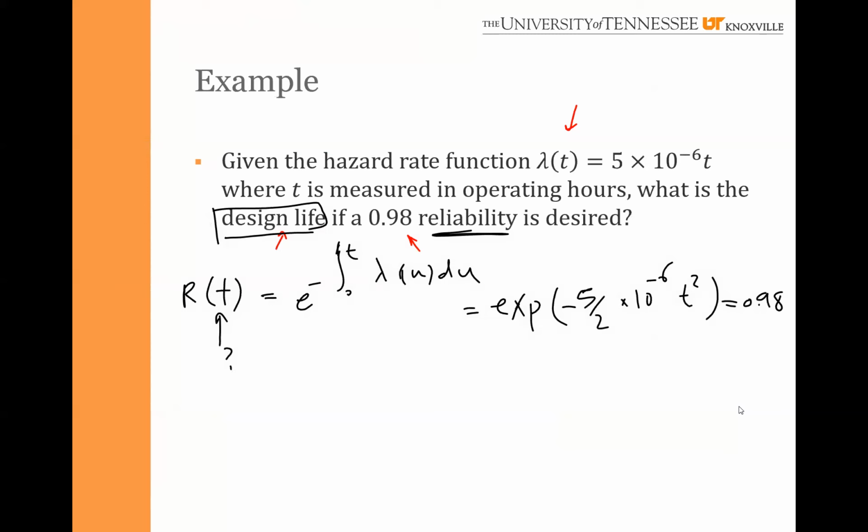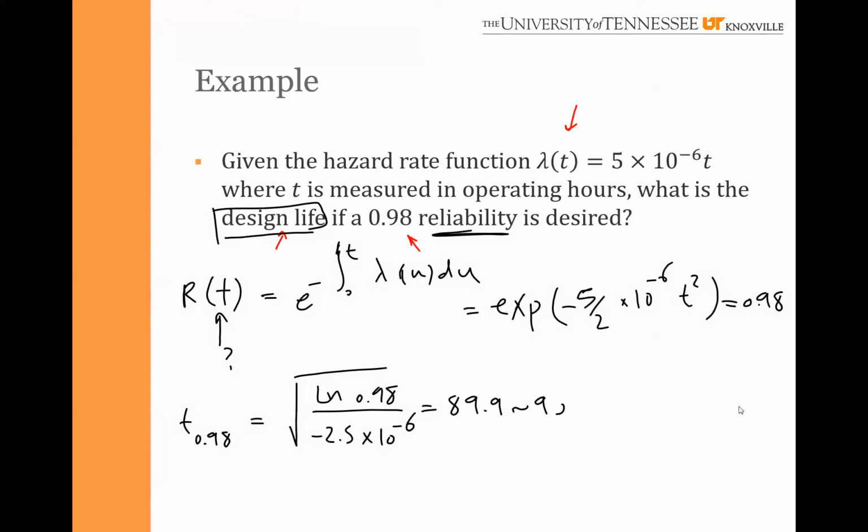If I find the design life for reliability at 0.98, this would be the square root of the logarithm of 0.98 over minus 2.5 times 10 to the minus 6. And that will be 89.9, which is almost 90. What is my unit? Amps. That's it.